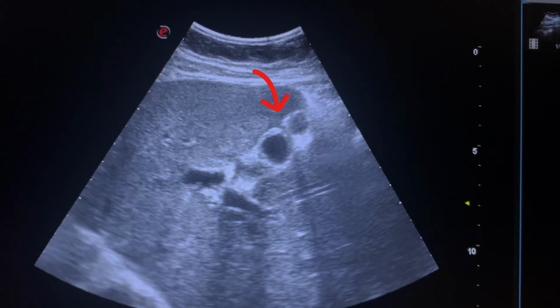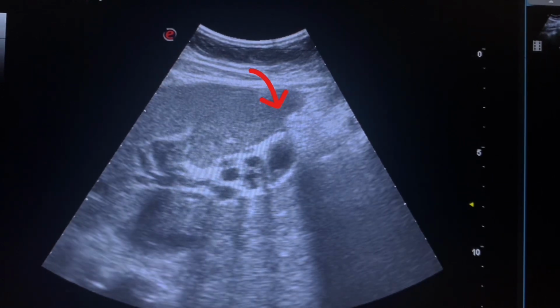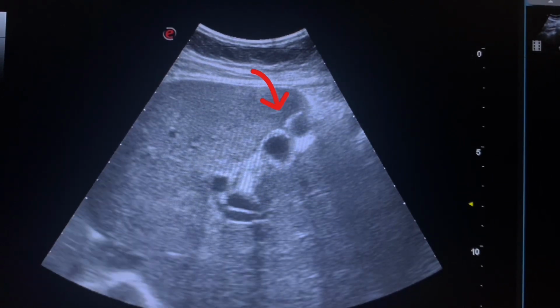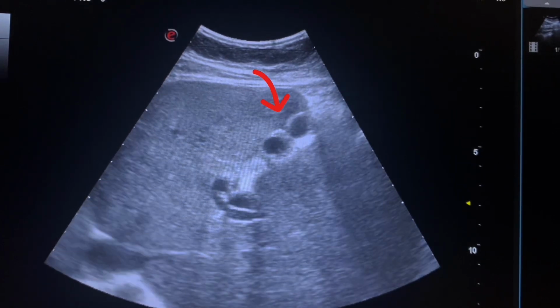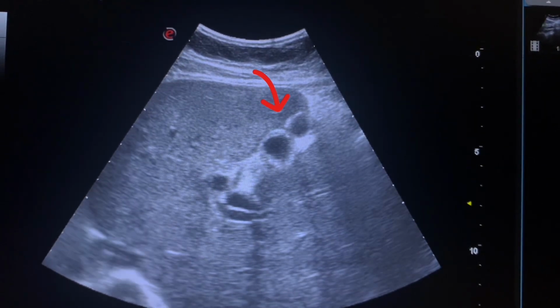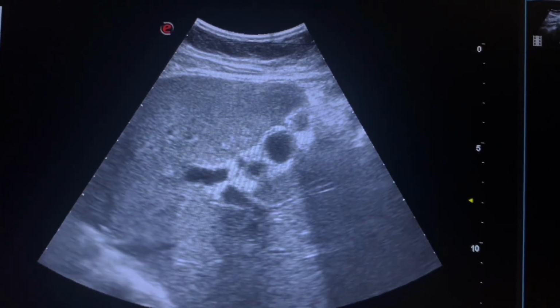Now we examine whether it is a diverticulum or outpouching of the gallbladder or leakage of the gallbladder at this area. So we will examine the wall of the fundus.